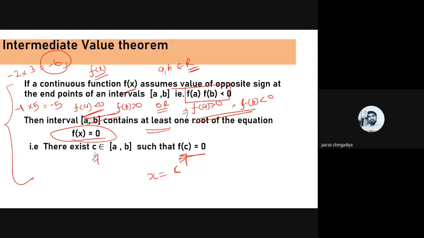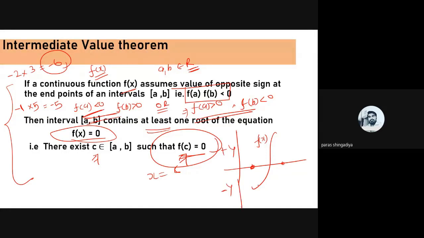That there is one value c in this interval a b such that f of c is equal to 0. And you can also see this by using a graph. Here f(x) is a given function. Let us consider the graph of f(x), and at a and b, at a the function is negative, that is a positive y, it is a negative y, clear?